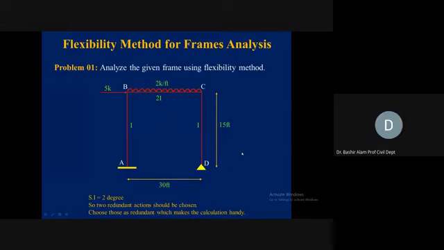This is the geometry, the geometrical properties and the loading on the frame. Now this frame, if you see, is 2 degrees indeterminate. So statical indeterminacy, here we have established 2 degrees. So 2 redundant actions should be chosen, and choose the redundants in a way so that you can easily solve this problem.